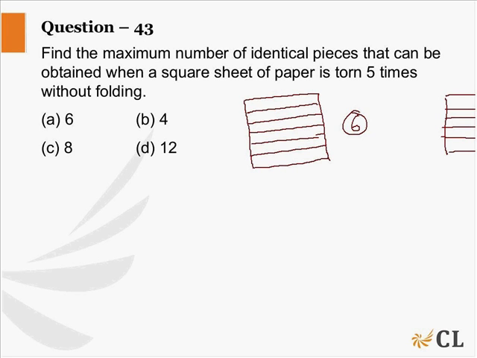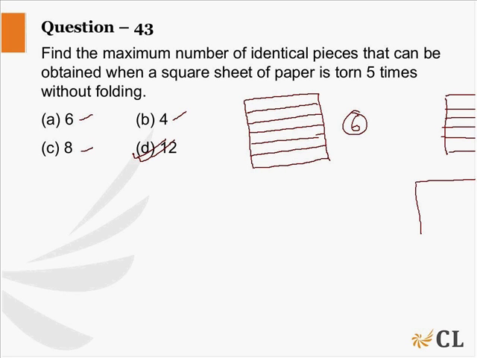So even if someone is thinking this way, I am getting an answer as 10, right? So 6, 4 and 8 are less than that. So even if you get stuck after this, you can straight away mark the answer as 12, because 10 is already what I'm getting. Answer has to be 12 in that case, right?